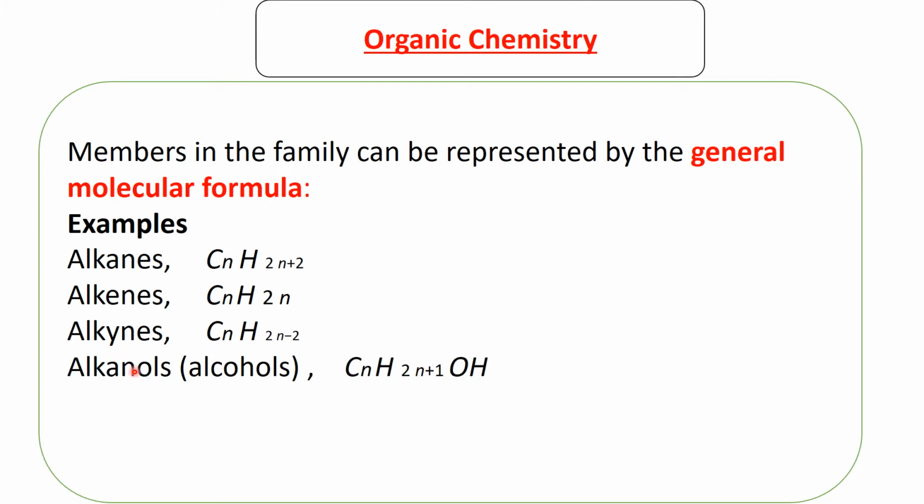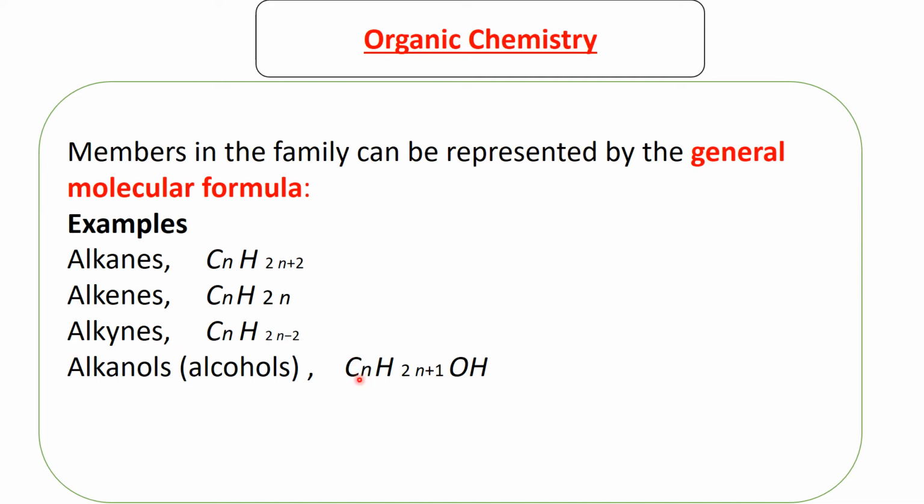The next are called alkanols or alcohols. Their formula is CnH2n+1 OH. So this OH is always there, but here it's CnH2n+1. The number of carbon atoms is connected to the number of hydrogen atoms, but there will be 1 hydrogen atom that is forever connected to oxygen, and it is not changed by the number of carbon atoms.